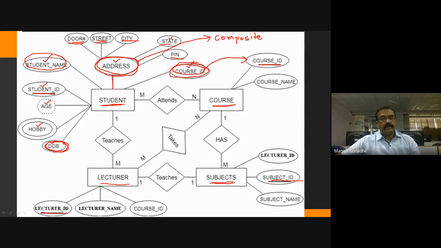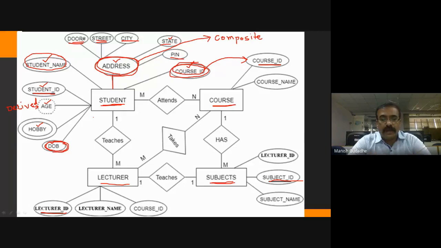Next thing is you find age with a dotted ellipse. A dotted ellipse is called a derived attribute. Derived means it is taking help of some other attribute to derive its value.